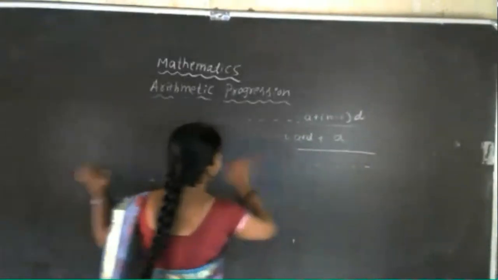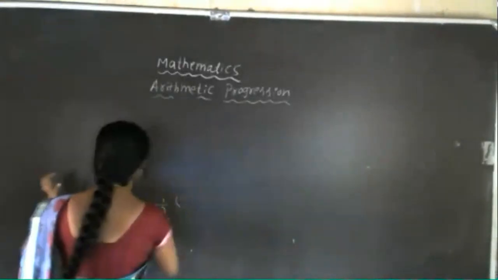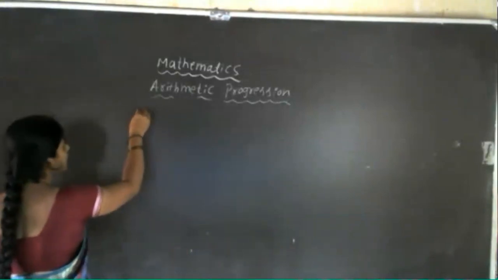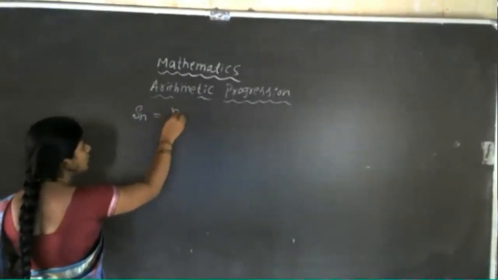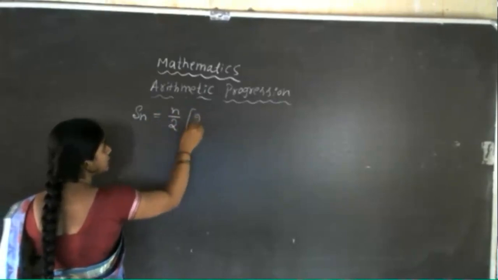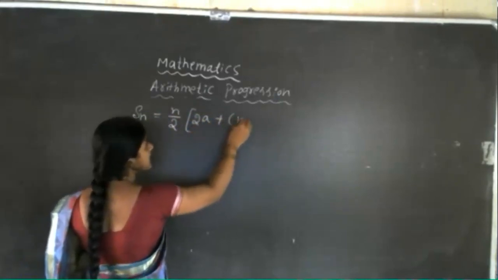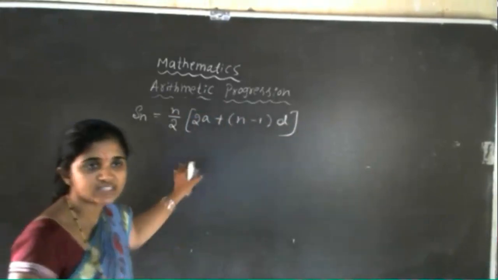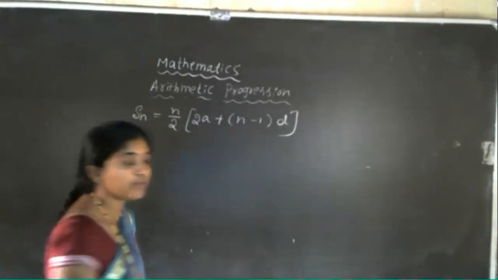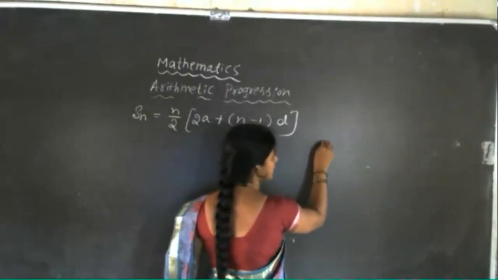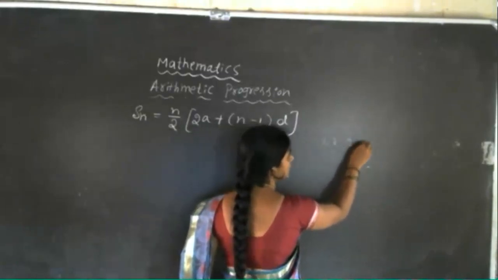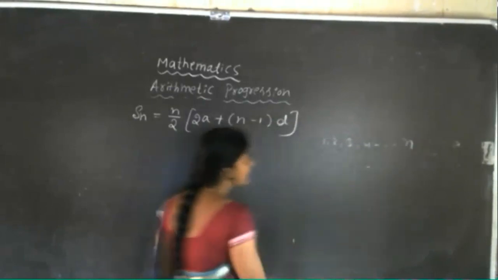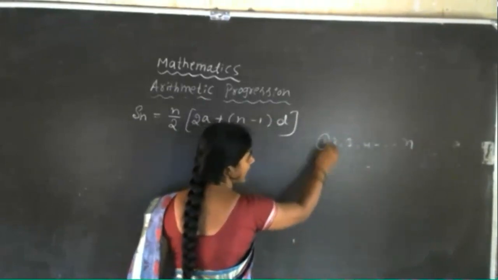Very simple topic when it is n natural numbers. So we got the formula Sn is equal to n by 2 into 2a plus n minus 1 into d. This is the sum of n terms of an AP. When it comes to the first n natural numbers, 1, 2, 3, 4, and so on up to n, a is 1 now.